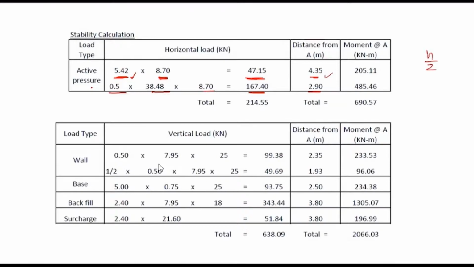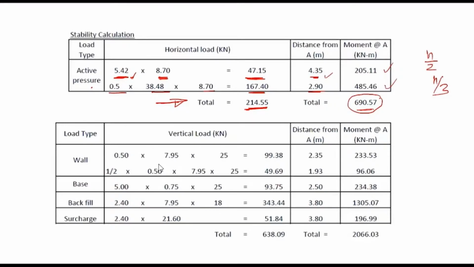This lever arm will be H over 3. So we will calculate the moment about A. This is the total horizontal force, and this is the moment at A due to this horizontal force, that is due to active earth pressure, pressure due to surcharge plus pressure due to earth filling.